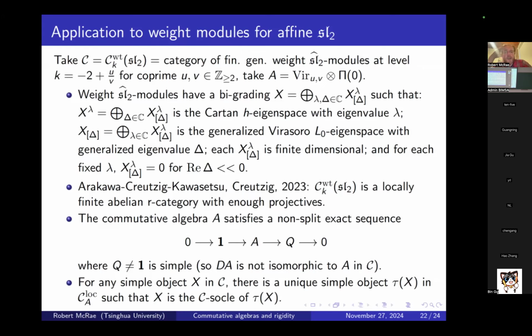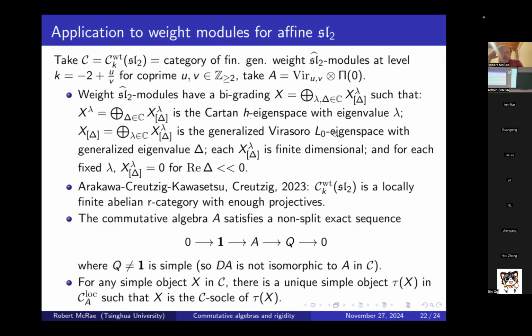So weight modules are modules for the affine Lie algebra that have a double grading. They have a double grading by generalized eigenvalues of the Virasoro operator and also eigenvalues of the Cartan subalgebra generator H for SL2. So they should be doubly graded. So in rational conformal field theory, the conformal weight spaces are finite dimensional.